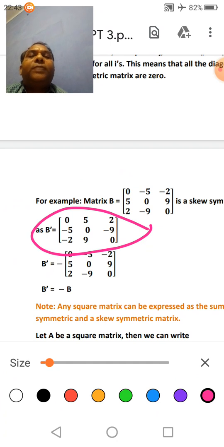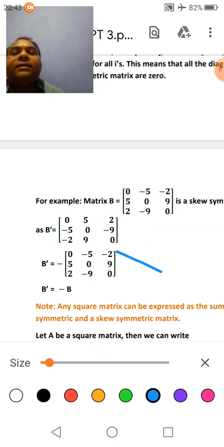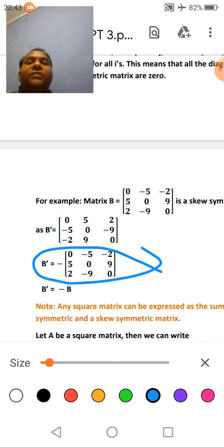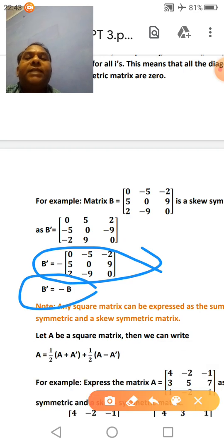It means you have to write down the rows of matrix B as the columns of matrix B dash, then you can find B dash. Now taking out common minus from the matrix B dash, we can find this one, and we observe that B dash is equal to minus B. It means matrix B is a skew symmetric matrix.